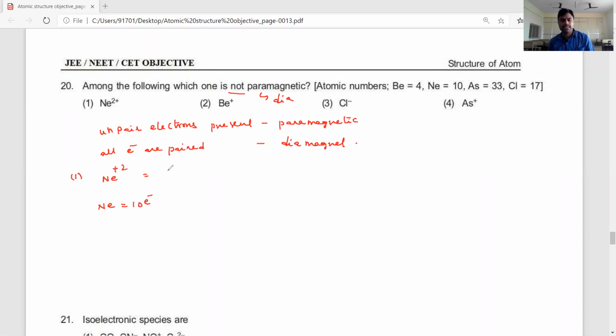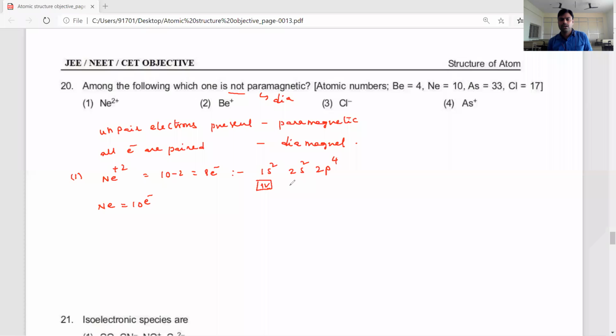Ne2+ has 10 minus 2, which is equal to 8 electrons. How are the 8 electrons distributed? 1s2, 2s2, 2p4.